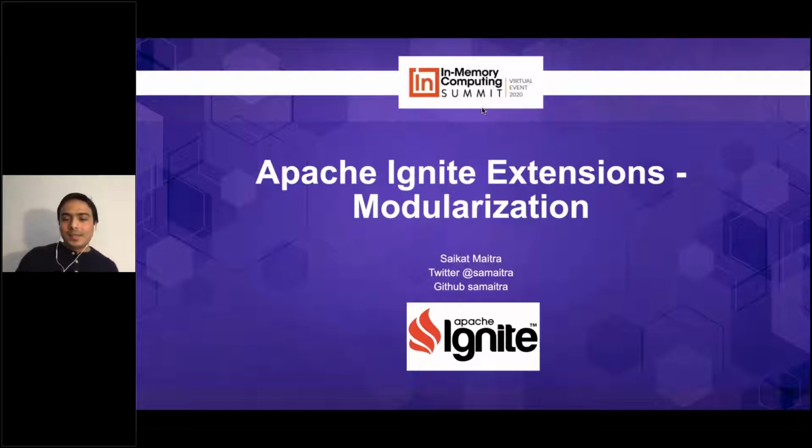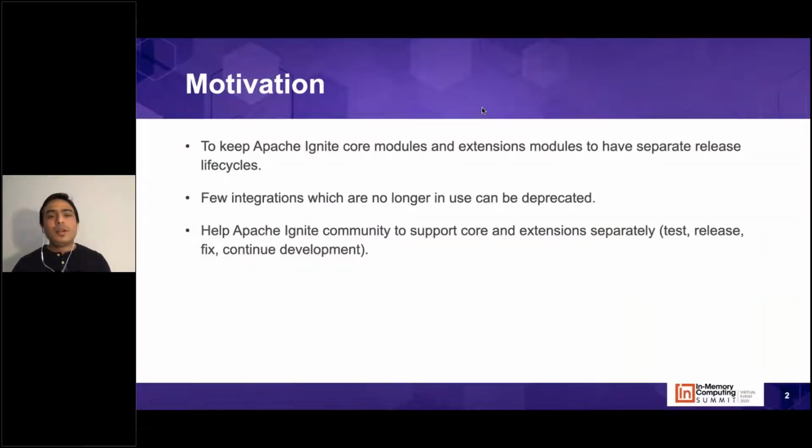So to start with, the motivation for this project. The core motivation was to keep Apache Ignite core modules and extension modules on separate life cycles. A few integrations which are no longer in use can be deprecated.